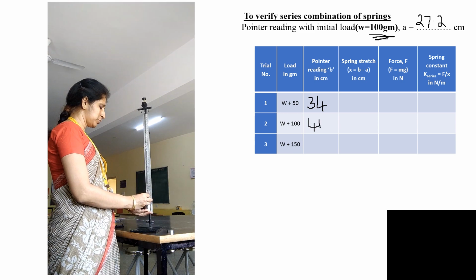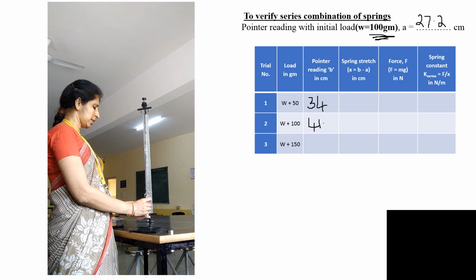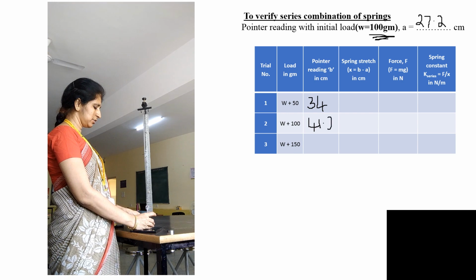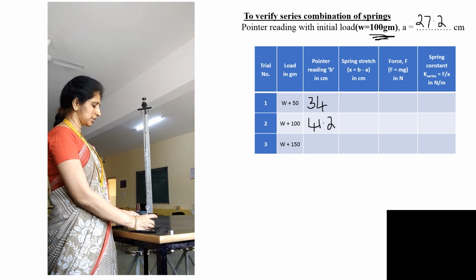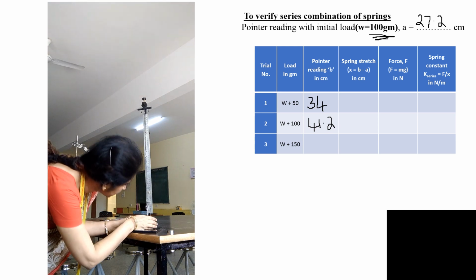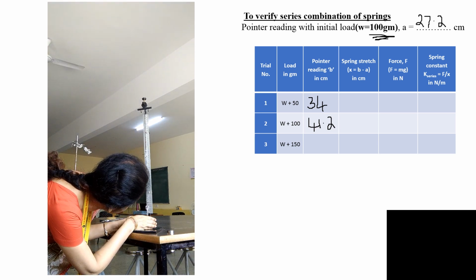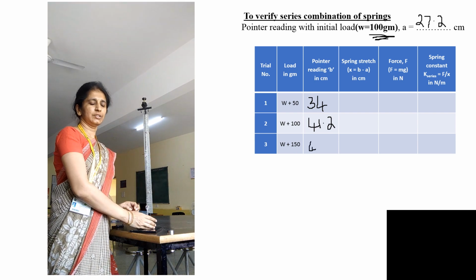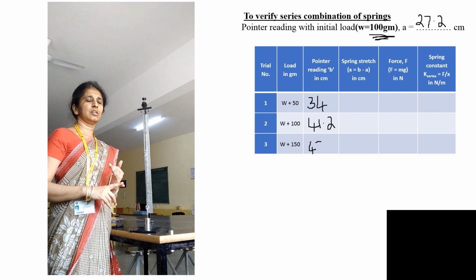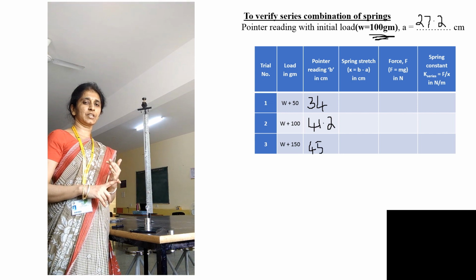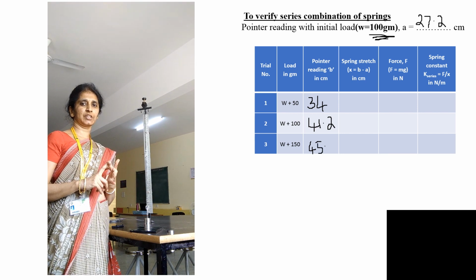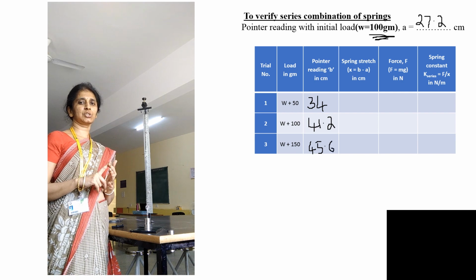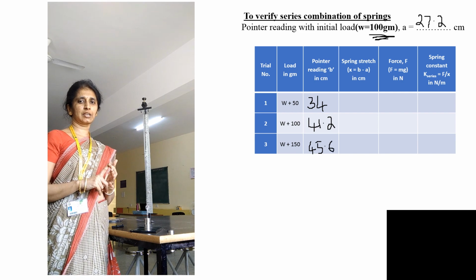Now let me put another 50 gram and note down the pointer reading. It appears to be 45.6. So we have noted 3 readings with the loads 50 gram, 100 gram, 150 gram. Before this, the initial load I have taken is 100 gram.